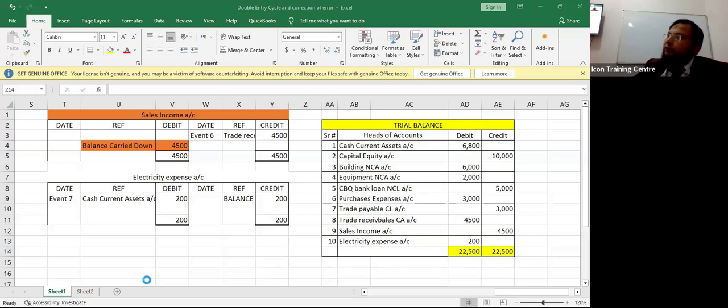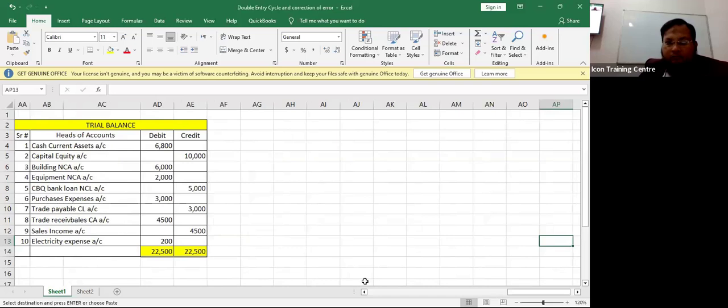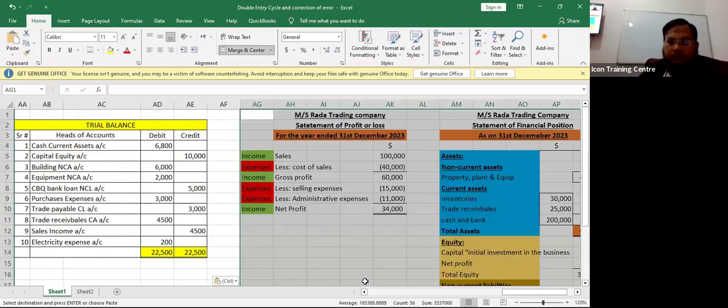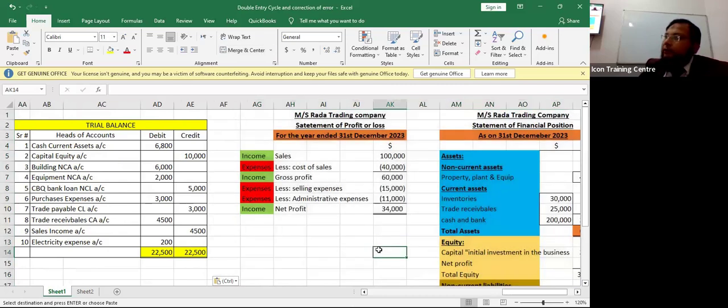You remember we discussed this? Statement of profit or loss and everything. So I'll be making it again with the help of the trial balance. Right, sir?